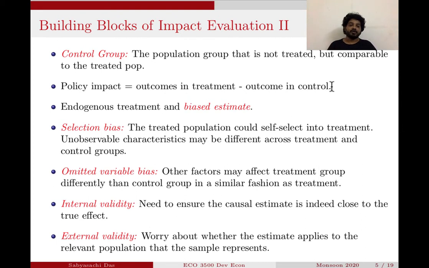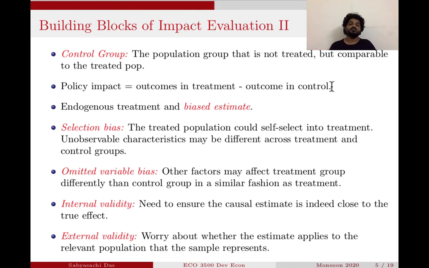opening a bank account. Now, if that's the case, then you are getting a very different kind of sample into the treatment group compared to the people who are in the control group, who are choosing not to open a bank account. So when you measure their outcome variable, meaning how much savings they have accumulated, after this bank account opening event happens, then the estimated effect may be much larger than the true effect of opening a bank account, because the people who are self-selecting into this treatment group are super motivated, people with better ideas of investment.